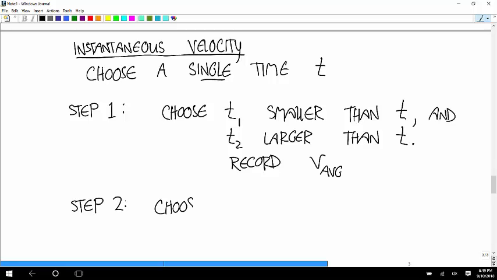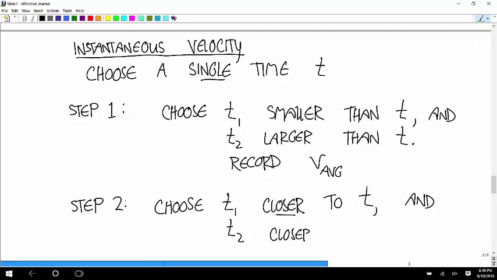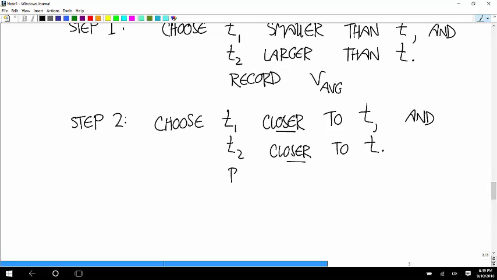So choose a t1 closer to t and a t2 closer, and calculate that average velocity.